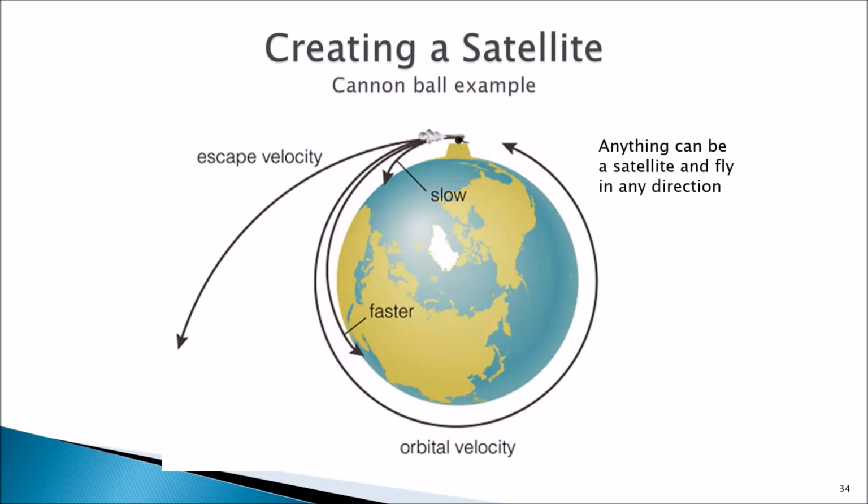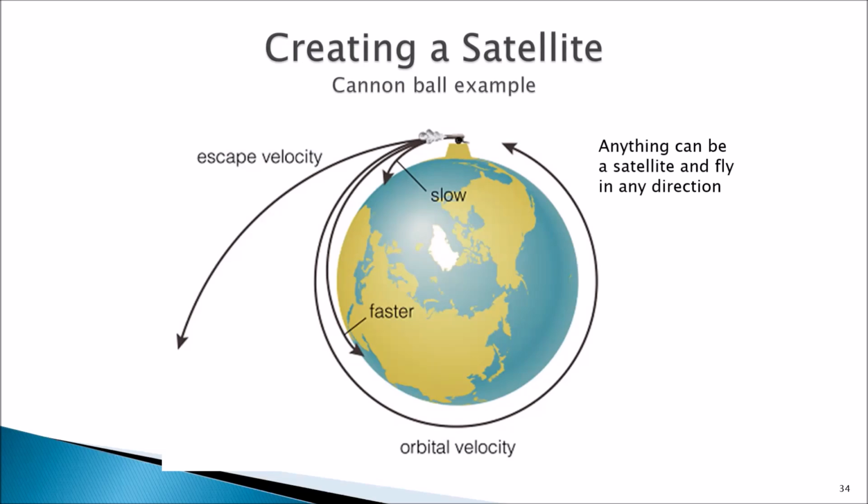I'm trying to illustrate how satellites work. I'm using a cannonball as an example. Not a very practical example, but I think you'll get the picture. If you shoot a cannonball off parallel to the surface of the Earth, gravity is going to pull it down and it's going to hit the Earth. By shooting the cannonball faster, it goes further around the Earth, as it shows in the second illustration.